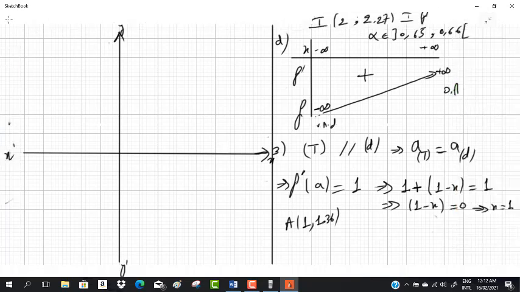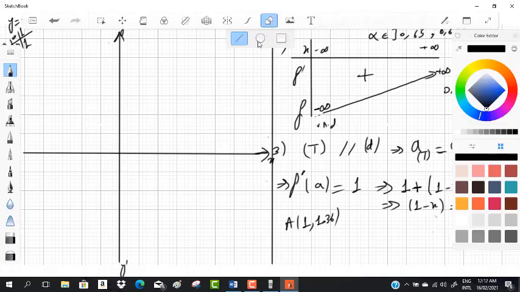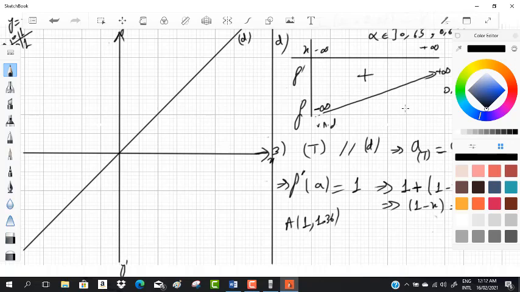Y equal x is the first bisector, through 0 0 and 1 1. Of course you don't have to take points to draw the first bisector, it's known. This line D is the oblique asymptote.